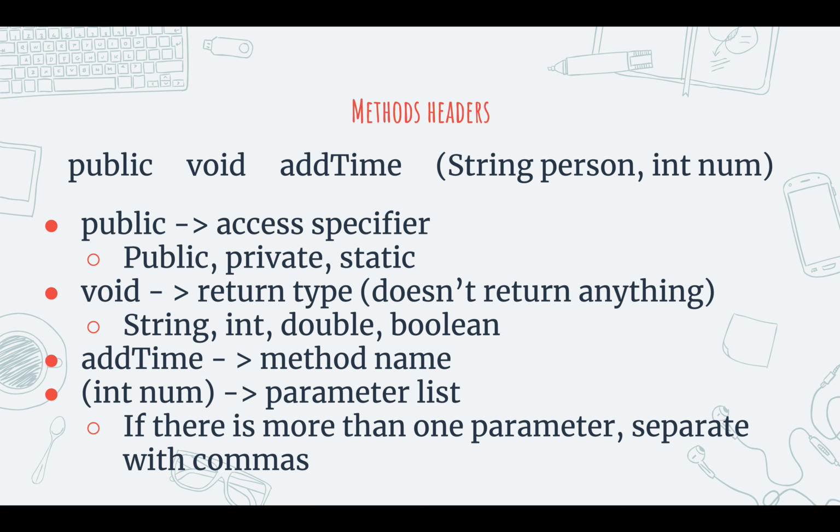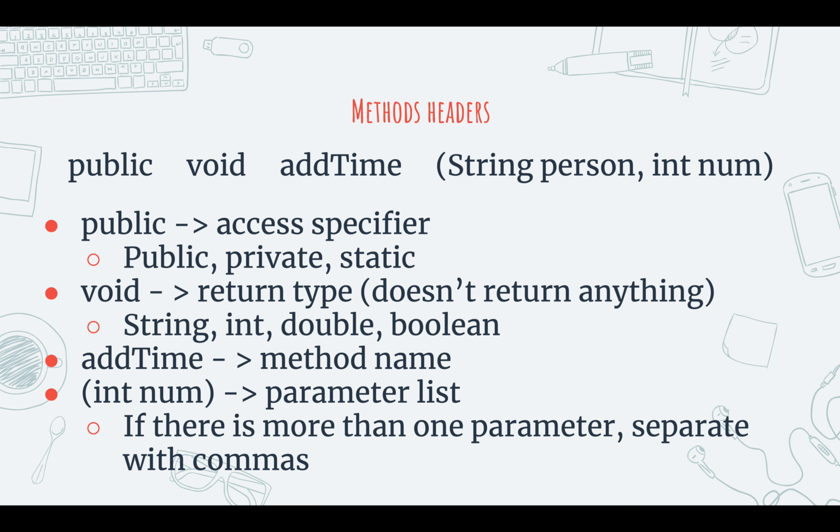If this method was private void add time, I wouldn't be able to call the add time method through another class. I could only call it through the same class it was created in, which is why it's called a helper method. It helps the methods in the class, only in the class itself. Whereas public methods can be accessed by other classes outside the class.